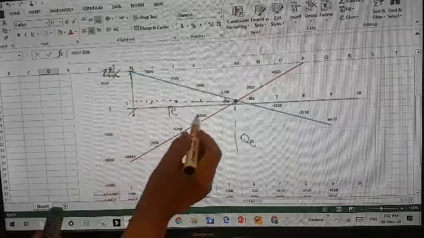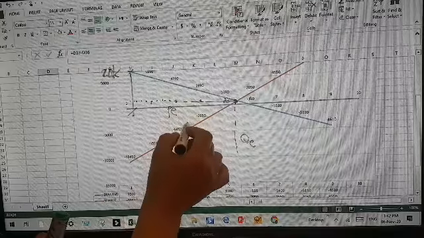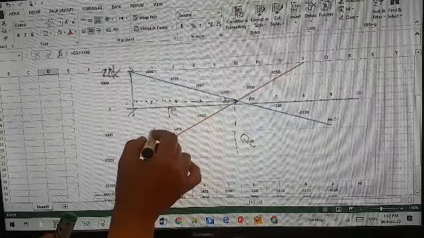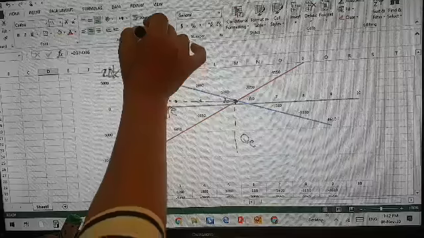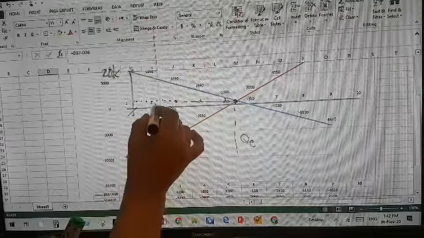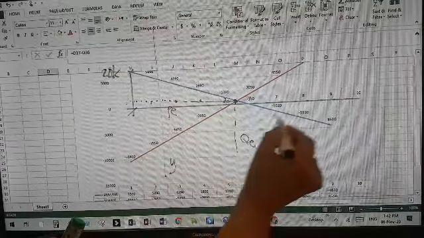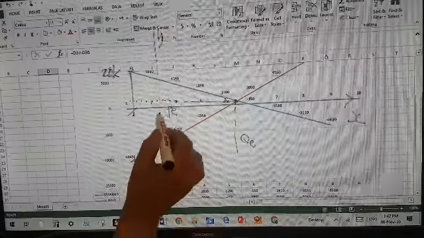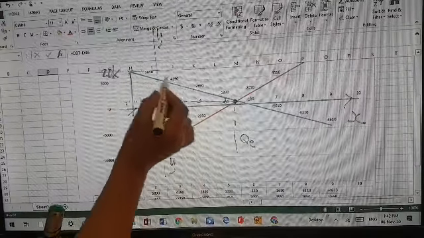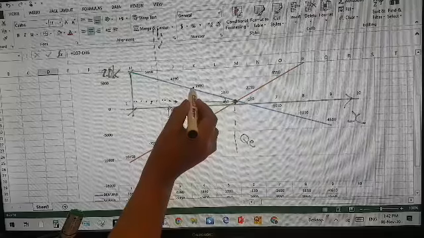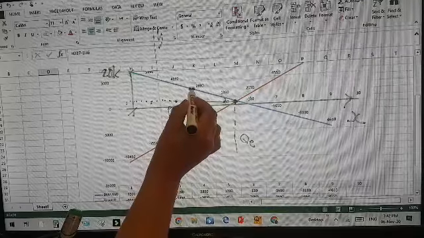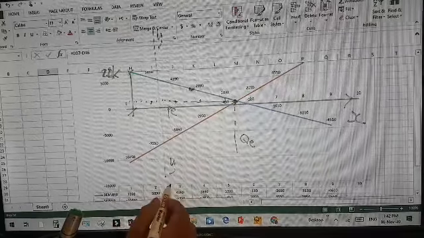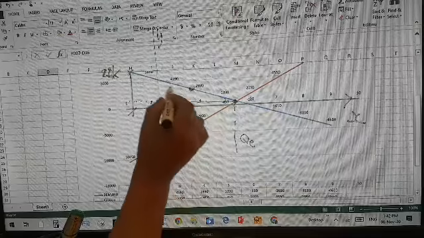So, if I'm going to put my example, my y-axis here, and this is my x-axis. This is my y. If I'm going to move my PE somewhere here, then what happens?